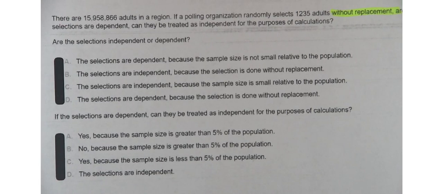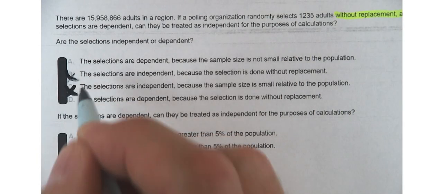Yes and no. It kind of depends on the particular problem, but probably not, especially if it satisfies the 5% rule. So if you're hedging your bets on an SAT or something like that, which two could you get rid of right away? B and C, yeah. They're not independent.